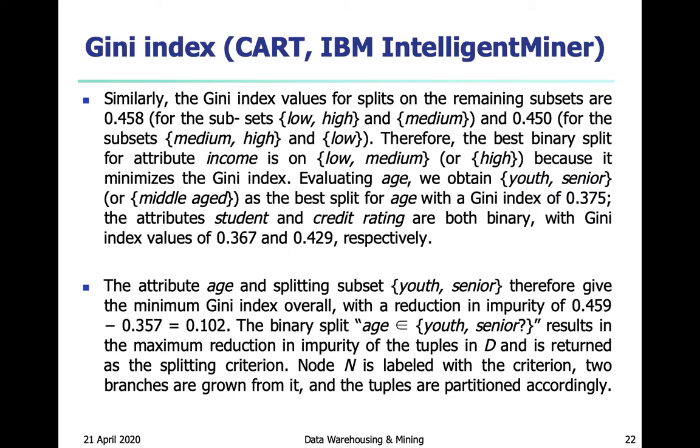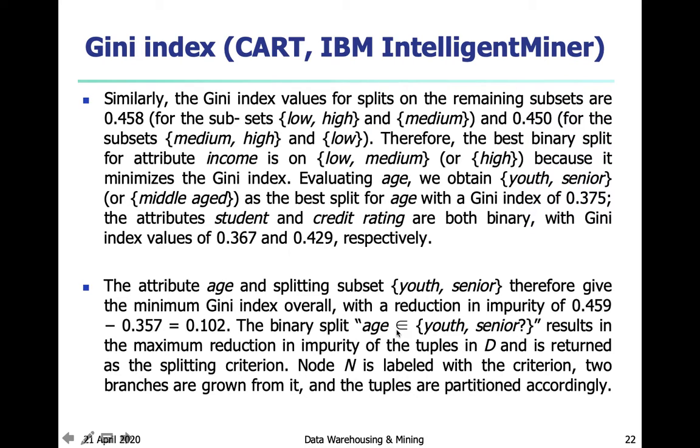So the attribute age and splitting subset youth, senior therefore give the minimum Gini index overall, with the reduction in impurity being this.